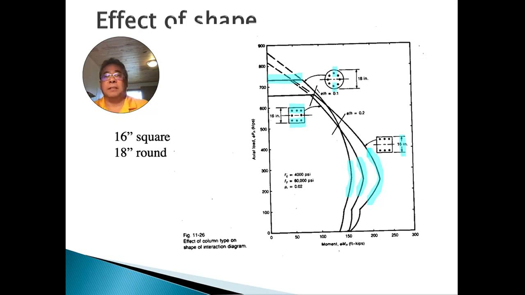That doesn't make sense. So why is that higher? Oh, it's because the round one is spirally bound, and so it has a lower max reduction. But the key thing is that for efficient moment capacity, you can see the effect there.